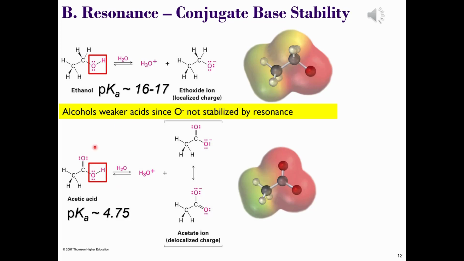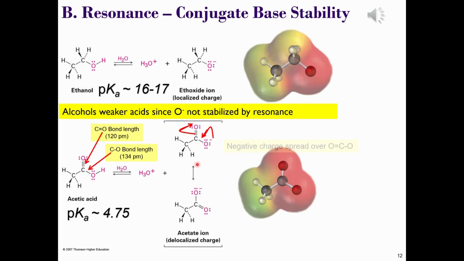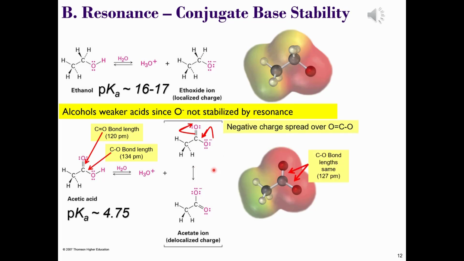However, the oxygen atom in this case can disperse or delocalize the negative charge over the two oxygen atoms, and this is shown by the two resonance forms. The carbon-oxygen bonds in the resonance hybrid are now of the same length, and it's possible to see, using the map of electrostatic potential, that the electron density is distributed over the two oxygen atoms.